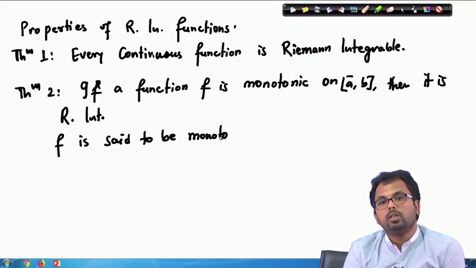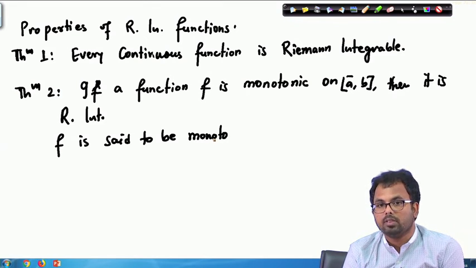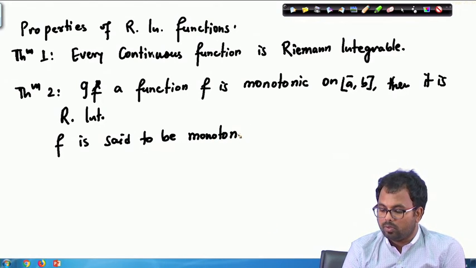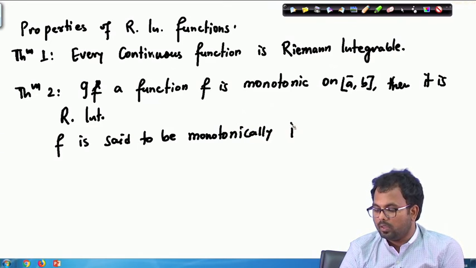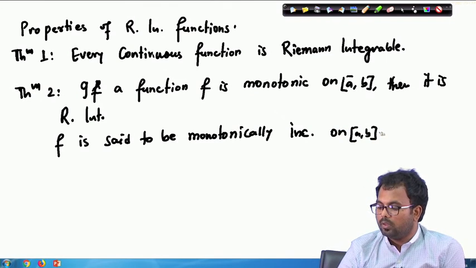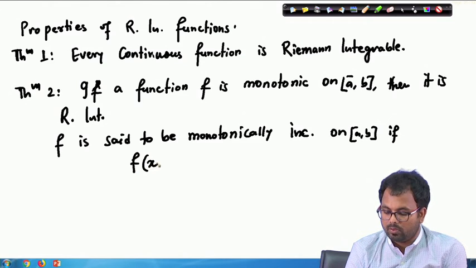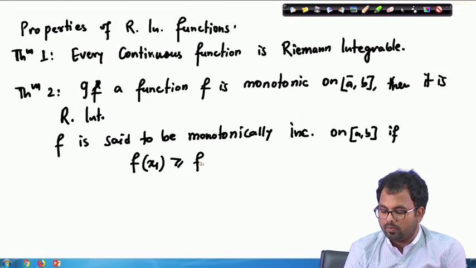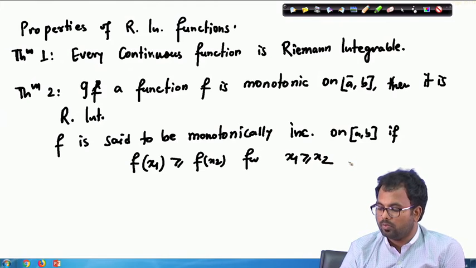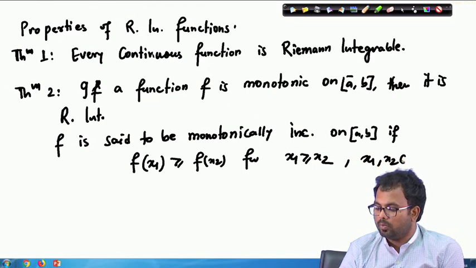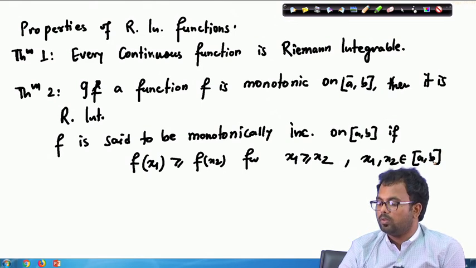A function can be monotonically increasing or monotonically decreasing, or it can be strictly increasing or strictly decreasing. Here, f is monotonically increasing on [a, b] if f(x1) is greater or equal to f(x2) for x1 greater or equal to x2, where x1 and x2 are two points in [a, b].